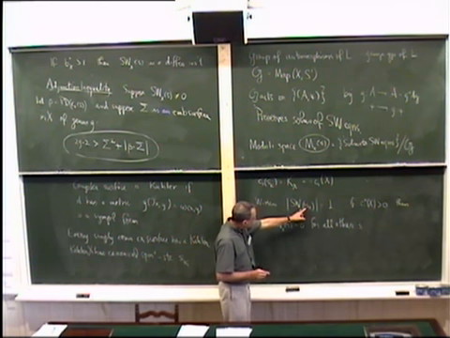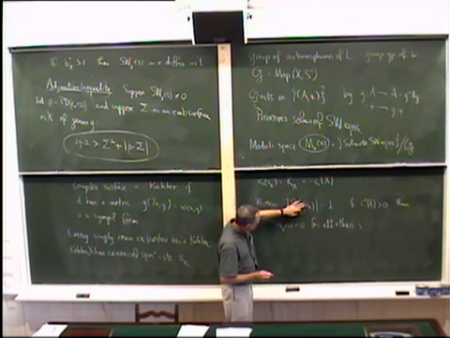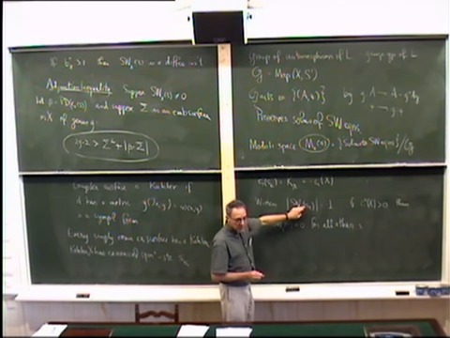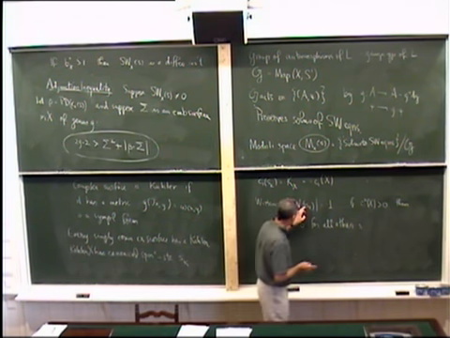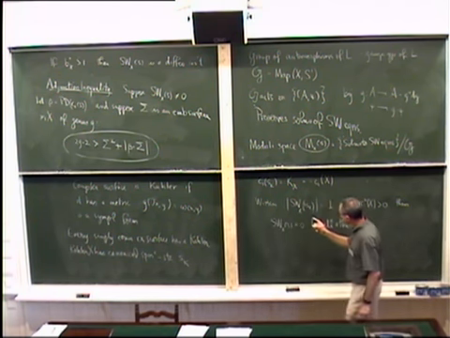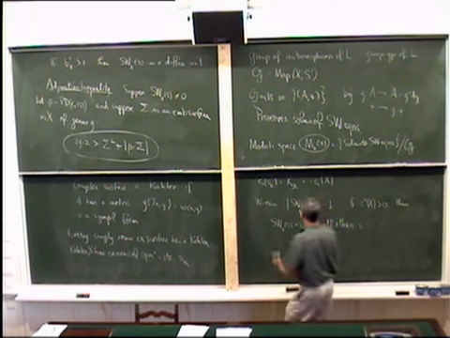So what do I mean by minus a spin^c structure?